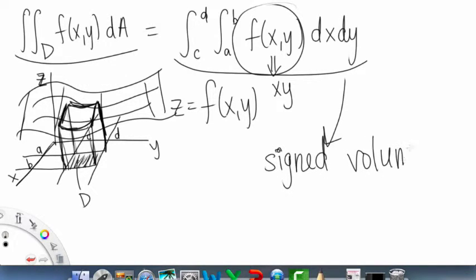In this case, it's the signed volume under the carpet, or the curve, going up, which exists in 3D space. It's hard to conceptualize, but this is the idea behind it. So this is going to be a signed volume, and this is your double integral. I'll start on the next topic on the next slide.